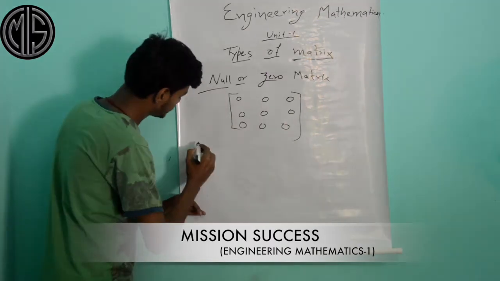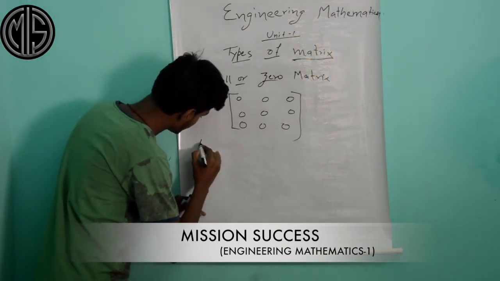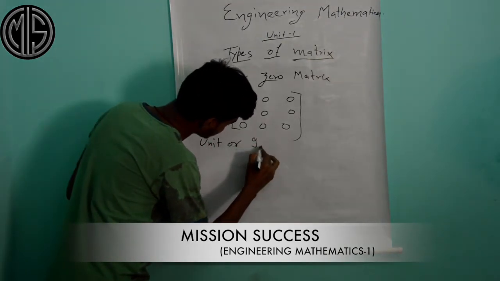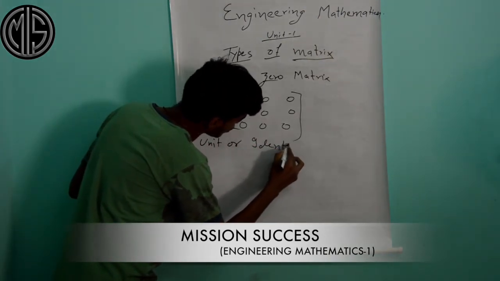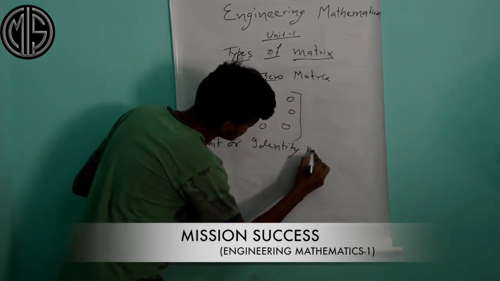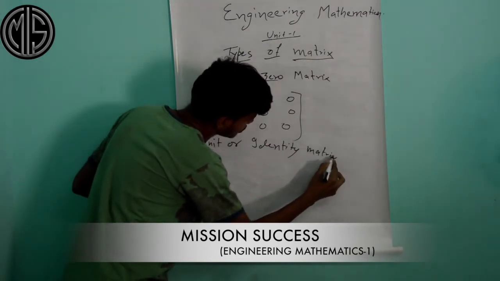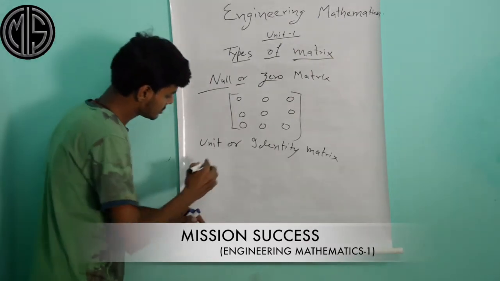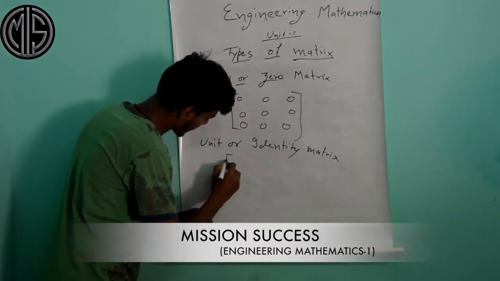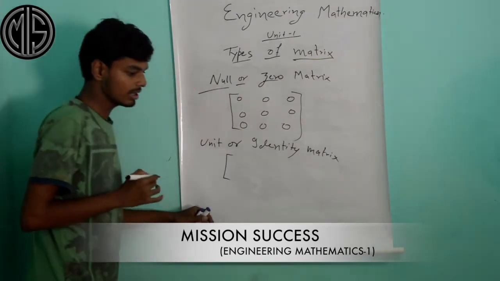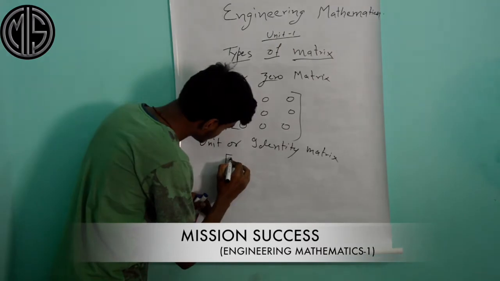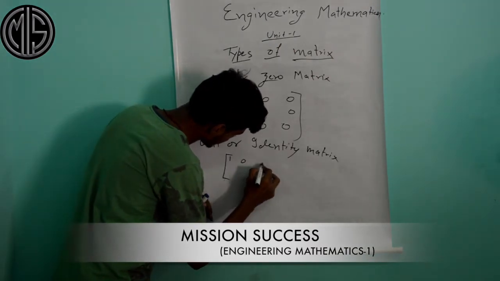Another type, unit or identity matrix. Unit means 1. Means a matrix where the diagonal elements are 1. That is called a unit matrix.